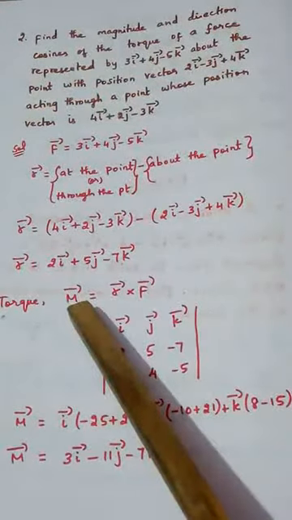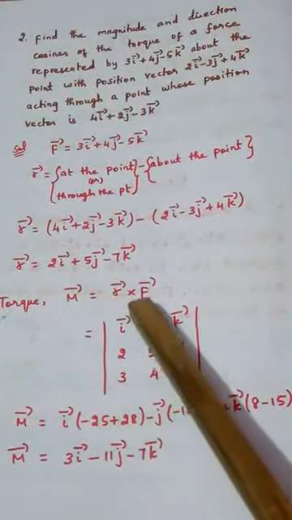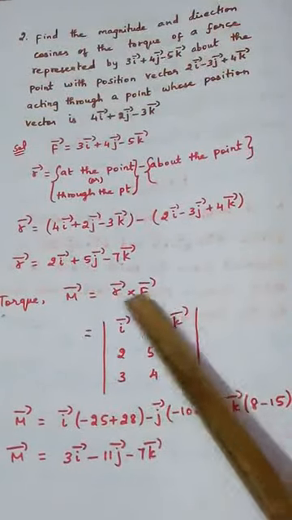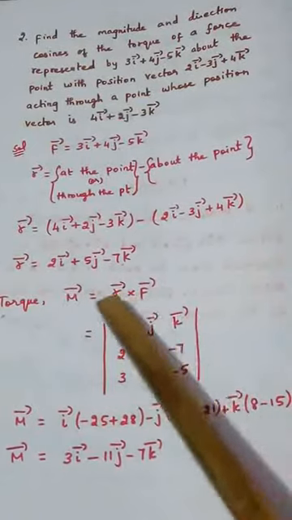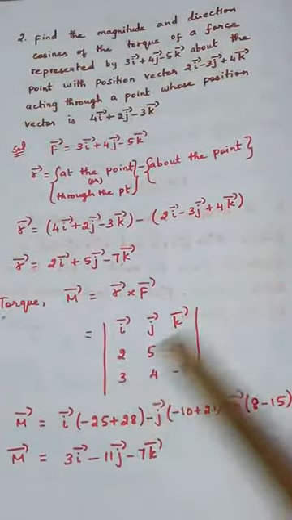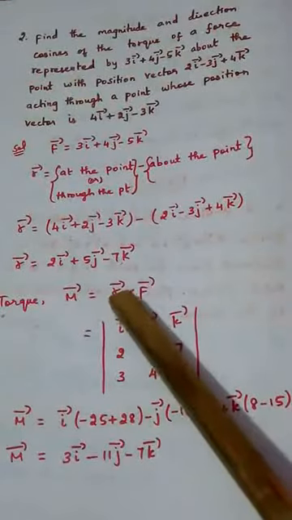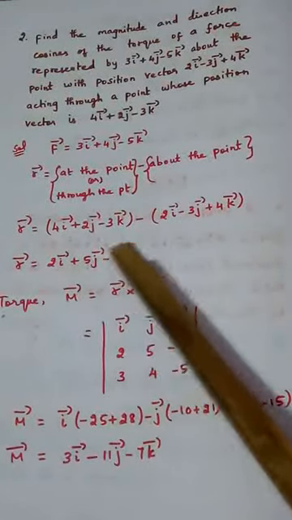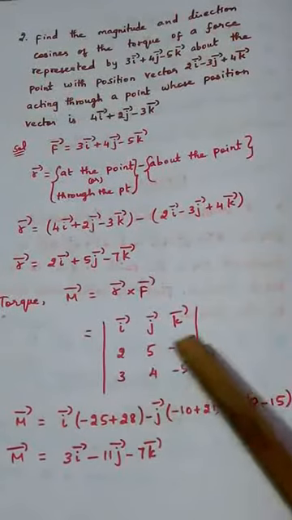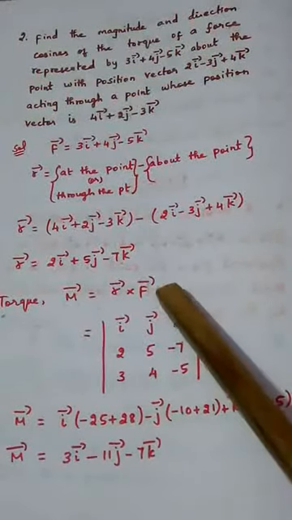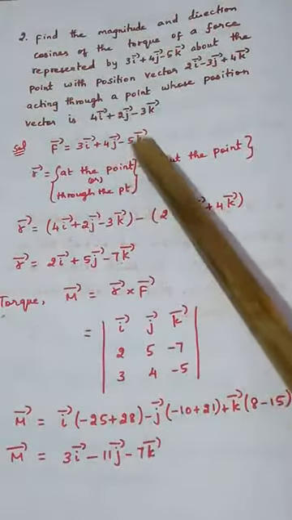So we will write the formula now. M vector is equal to R vector cross F vector. The cross product can be calculated using a determinant. So put i, j, k in the first row, in the second row R vector, 2i plus 5j minus 7k, so 2, 5, minus 7, and in the third row F vector, 3, 4, minus 5.